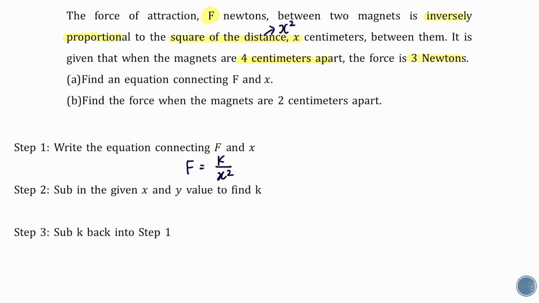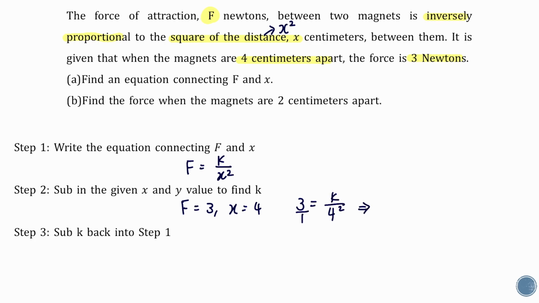Step 2 is to sub in the F and the x. So when F is equal to 3, x is equal to 4. We're going to sub in this pair of values to find our k. So 3 is equal to k over 4 squared.